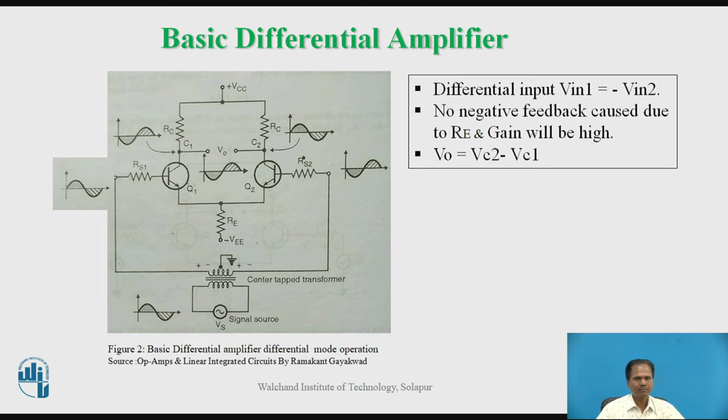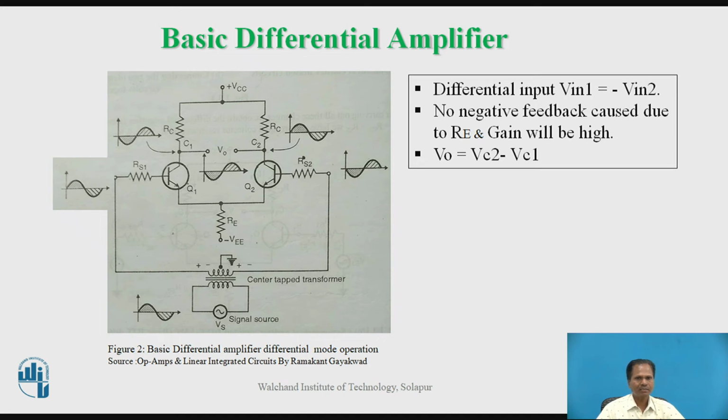The input signal applied to the base of Q1 produces a positive voltage across the emitter resistor RE, and at the same time the negative voltage at the base of transistor Q2 produces a negative voltage across RE. So two equal and opposite voltages are developed across RE, and they cancel each other.